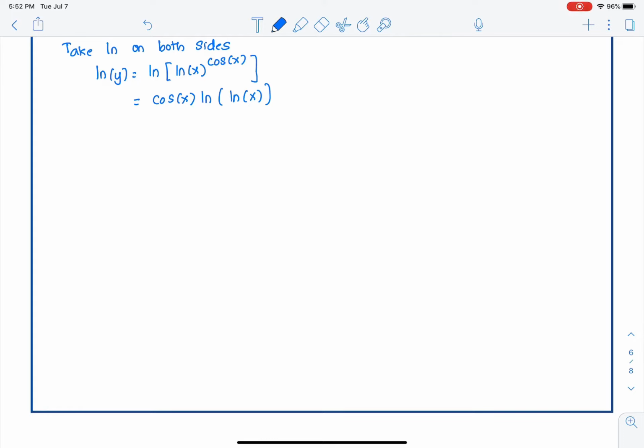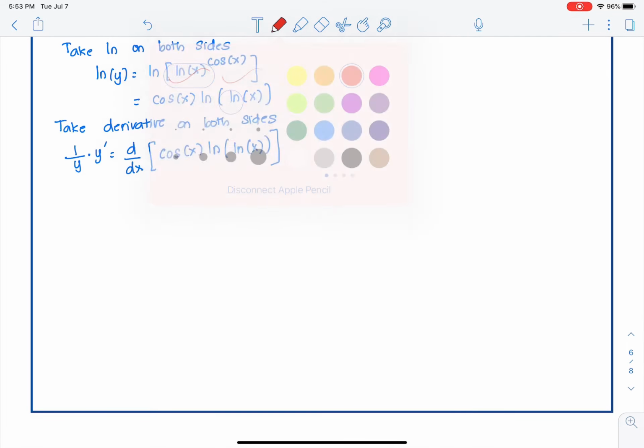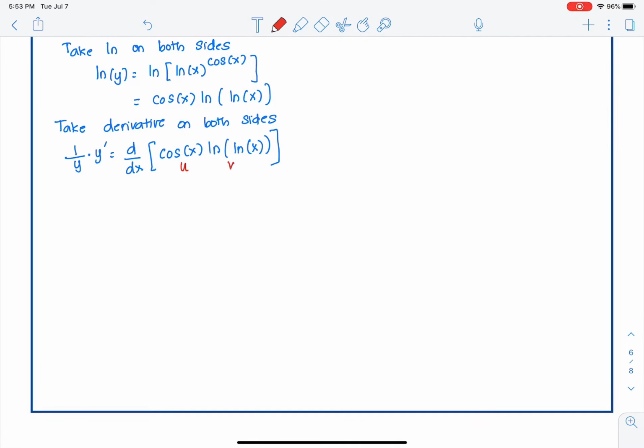As always, we take the derivative on both sides. We would have 1 over y times y prime equals d over dx of cosine x multiplied by ln of x. So that is u and that is v.